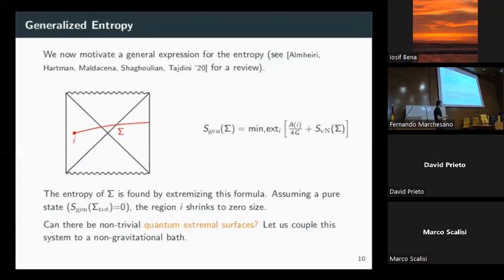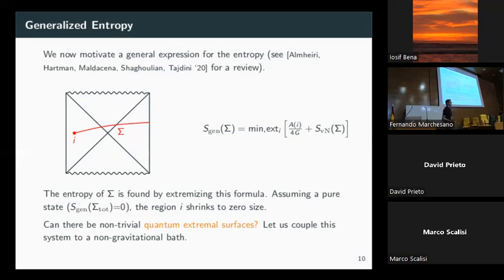In recent years, there's been lots of development on defining this generalized entropy, and by now there's a nice prescription for how to compute it. Let's say that we take this example of a black hole in AdS space. We define some slice sigma that we want to compute the generalized entropy of. So what should we do? There is some endpoint, possibly I, that's a codimension 2 surface. When we want to define the generalized entropy of this slice sigma, we should compute the contribution of the area term associated with this codimension 2 surface, plus the von Neumann entropy on this slice sigma.